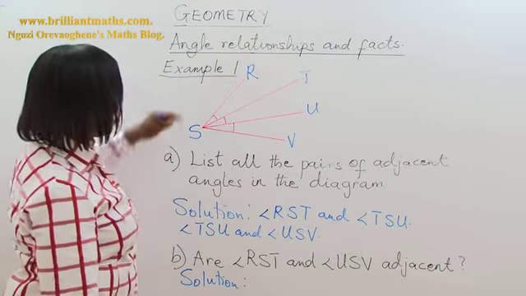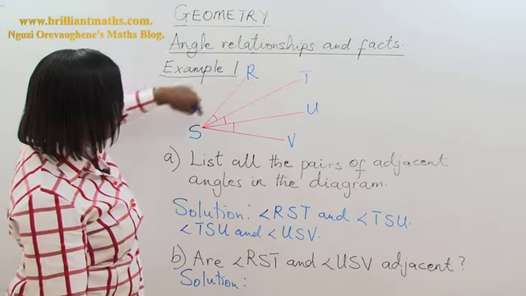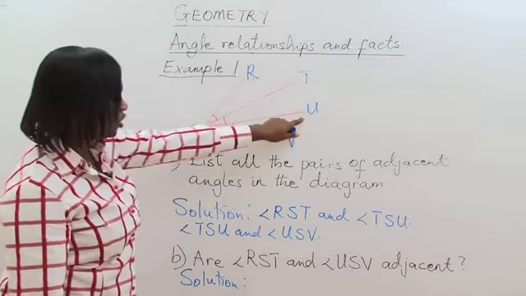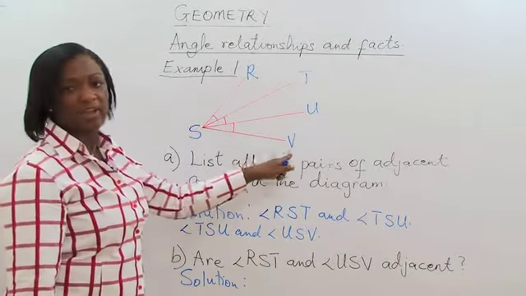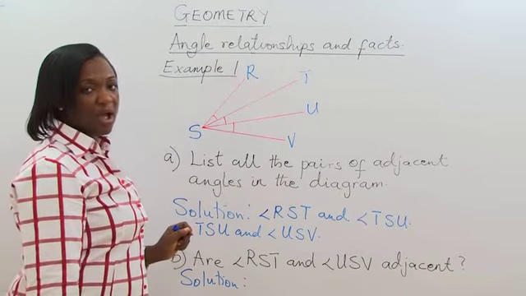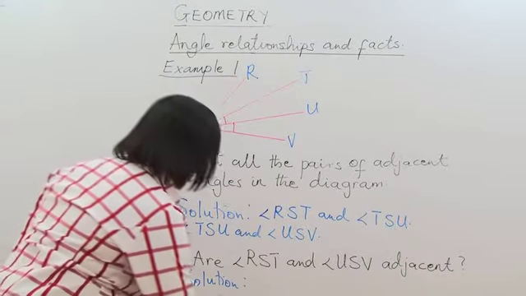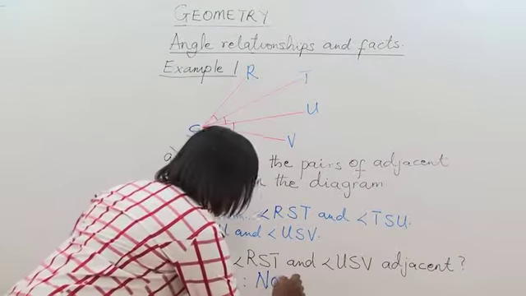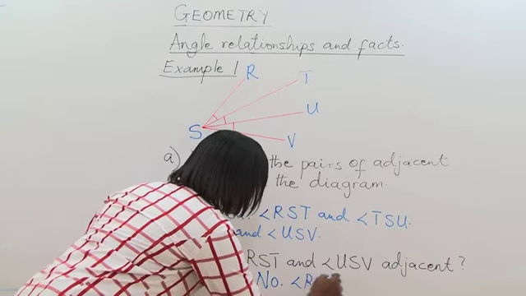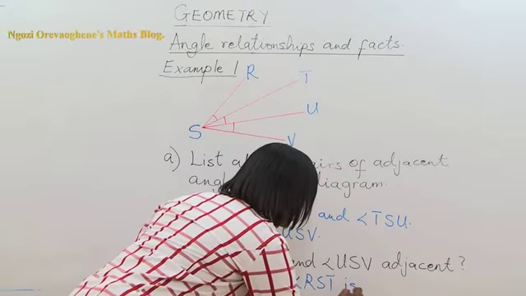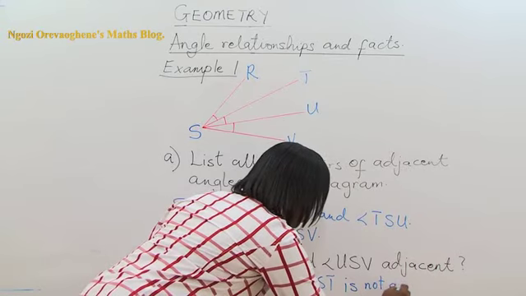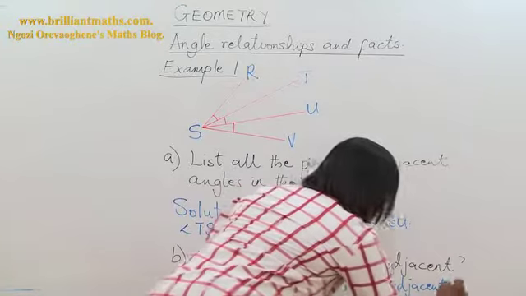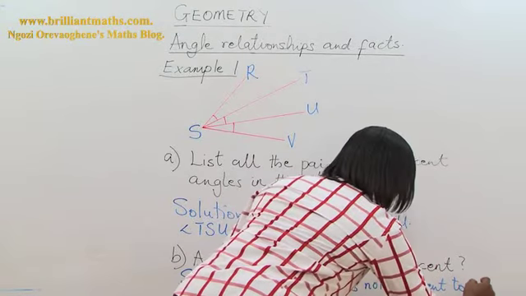Look at it again. Angle RST and angle USV. There's no common arm. So the answer is no. Angle RST is not adjacent to angle USV.